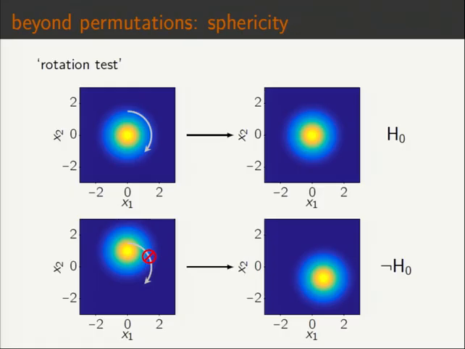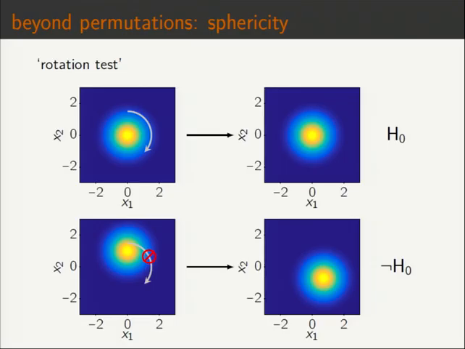And in this case, our joint distribution has to be spherical, which means it's invariant under rotations. We don't flip the different axes anymore, but we apply an orthogonal transform or rotation in the space as indicated by this curved arrow. And you see if the distribution is spherical around 0, you apply this rotation, you get the same joint distribution, you can do this.